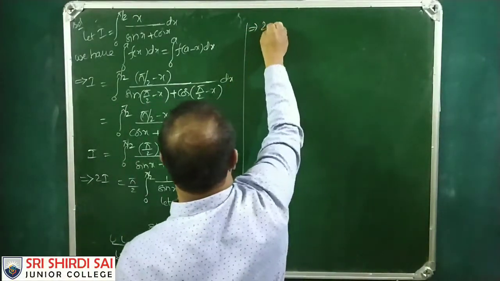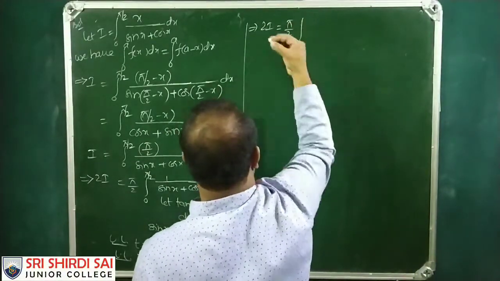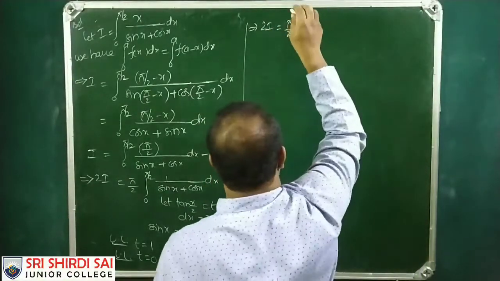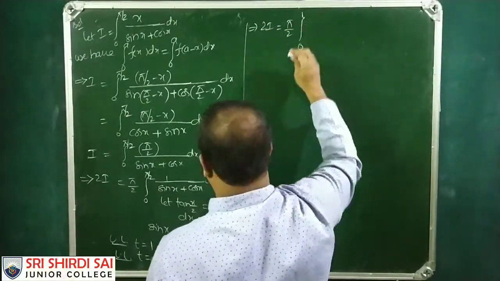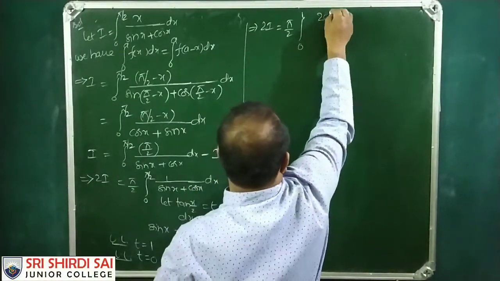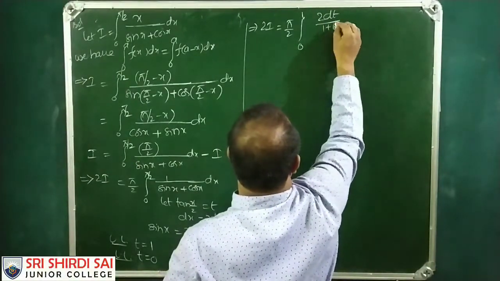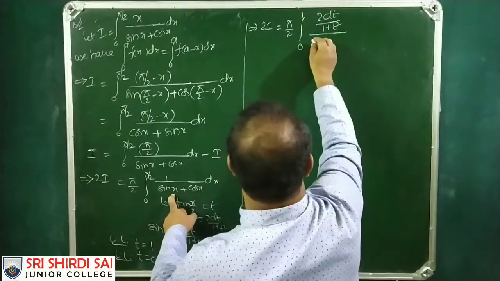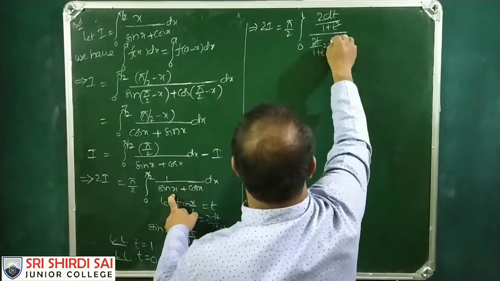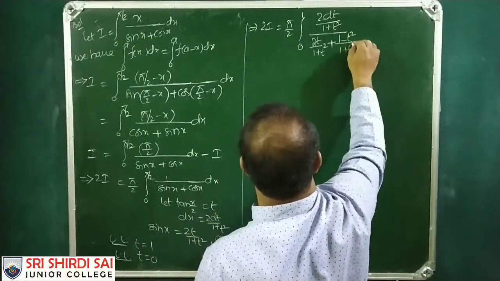So 2I is equal to pi by 2 into the integral, where 0 to pi by 2 has become 0 to 1. And dx is 2 dt by 1 plus t square, divided by sin x, which is 2t by 1 plus t square, plus cos x, which is 1 minus t square by 1 plus t square.